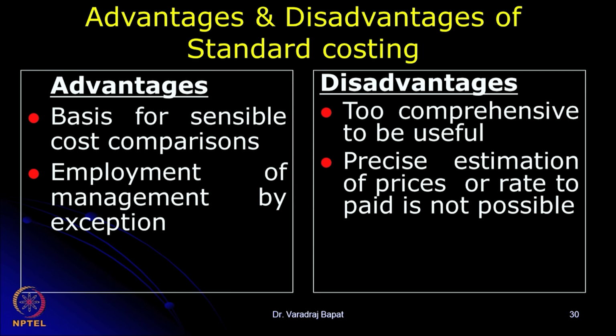That makes the applicability of standard costing a bit difficult. It may not be useful in a market scenario where technology changes frequently, because unless there is stability, it becomes difficult to set the standard and keep comparing it over a period of time.